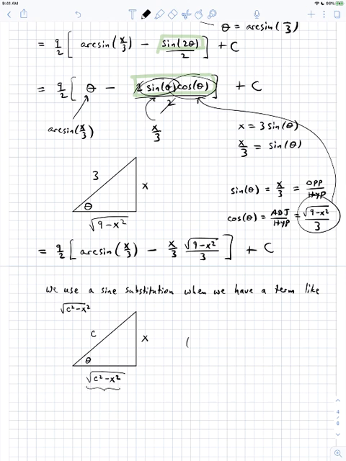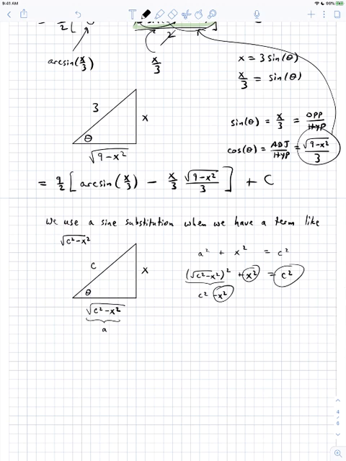This is what you could call a. And so you have a squared plus x squared is equal to c squared. So the square root of c squared minus x squared, squared, plus x squared is c squared, because this term right here is c squared minus x squared. So the minus x squared and the plus x squared cancel, and you're just left with c squared.